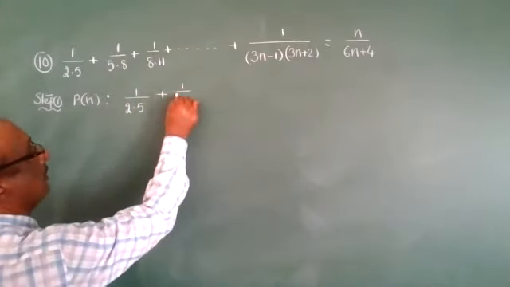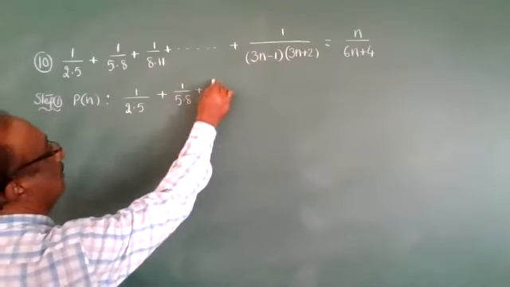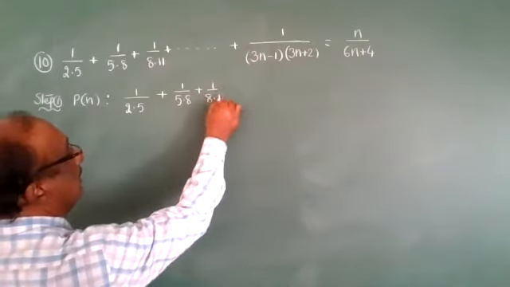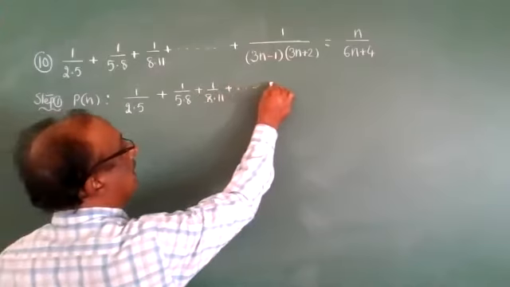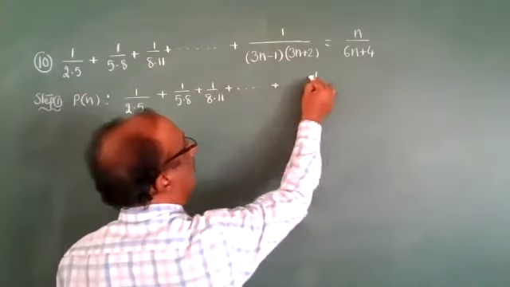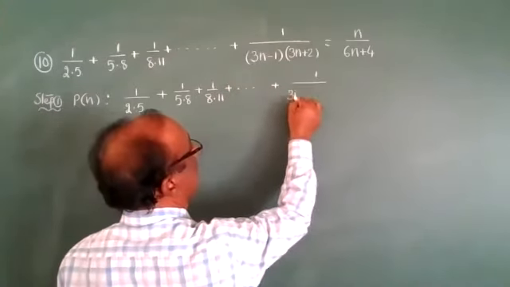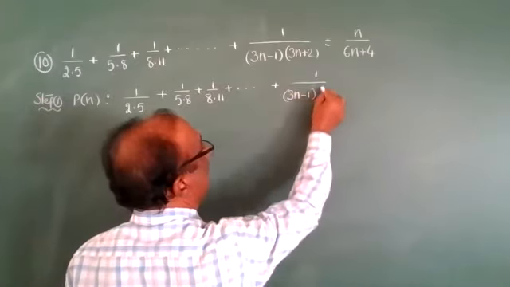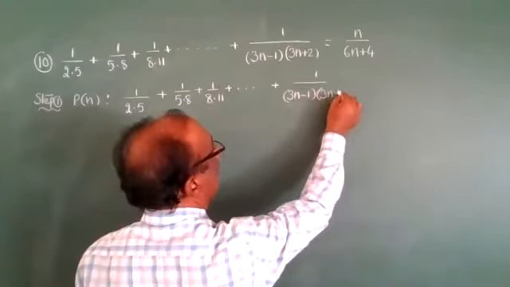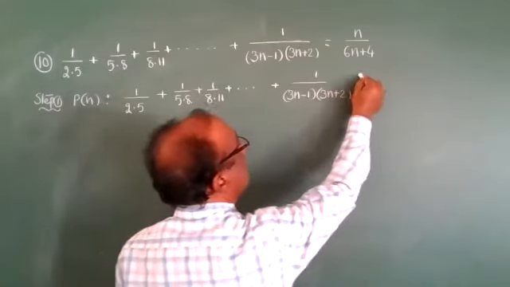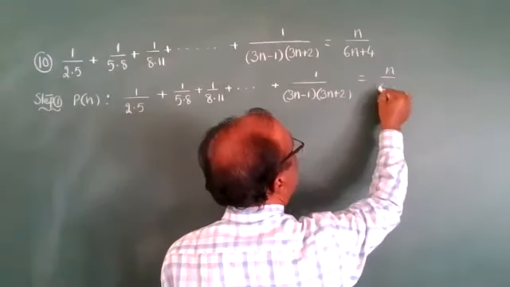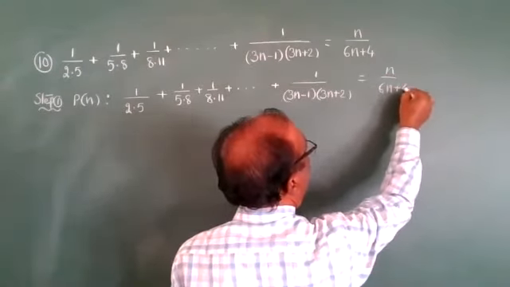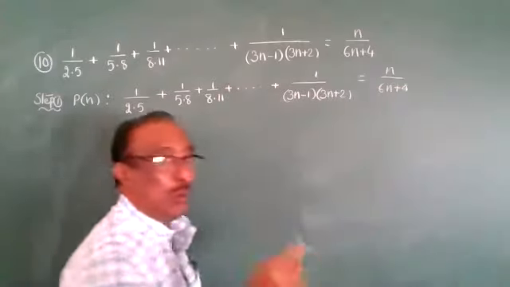Second number is 1 by 5 into 8. Third is 1 by 8 into 11. Dotted. Nth number is 1 by (3n minus 1) into (3n plus 2), and the right side is n by 6n plus 4.